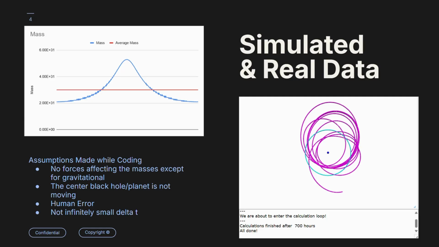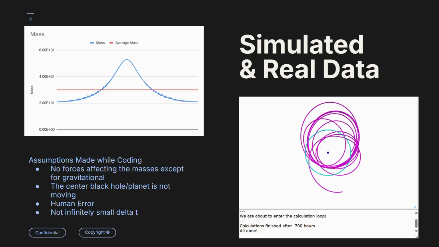Some of those errors being we only calculated the gravitational force in the universe. There are other forces that might have been at play. We also said that the black hole and the planet in the first and second simulations, respectively, are not moving. They're simply exactly stationary in the center, which isn't exactly true, as they would have a little bit of movement from the gravitational force of, let's say in the first simulation, the star affecting the black hole.